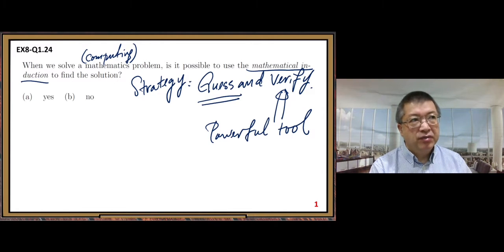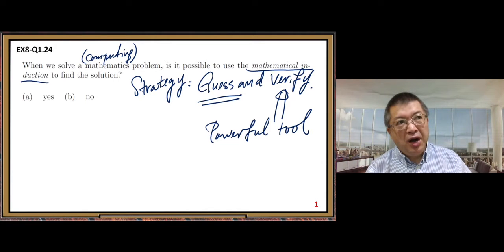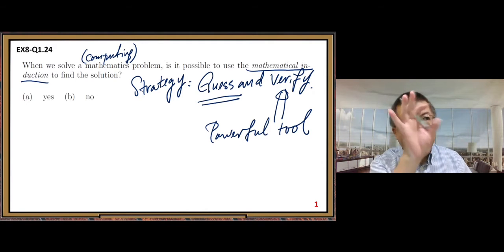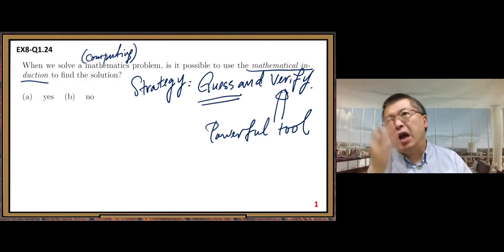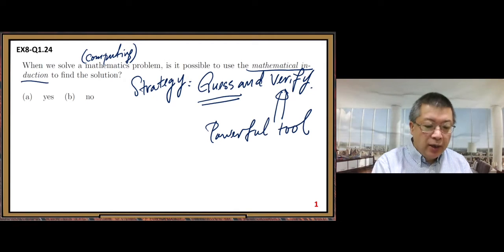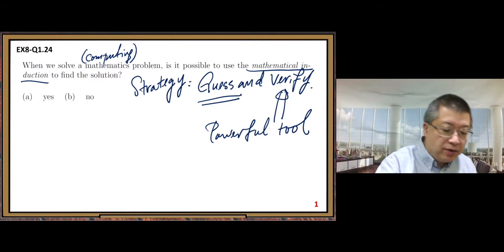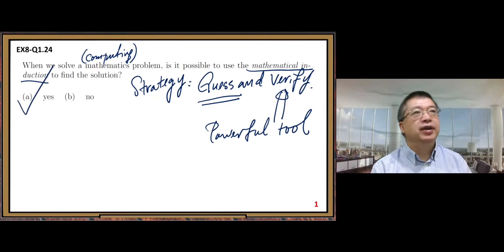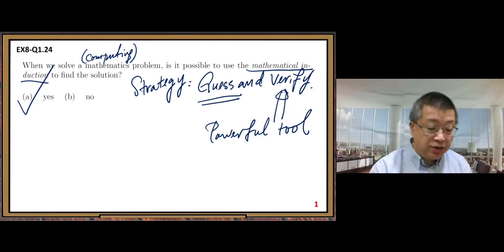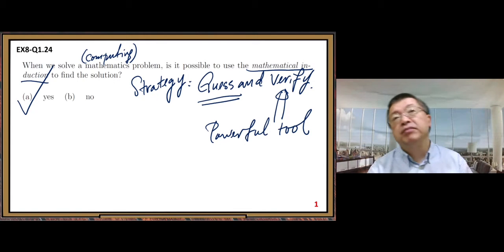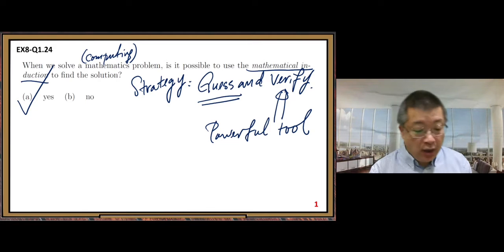So this question is designed to check if you know that whole strategy. Is it possible? Yes. In the examples in this class, we use the strategy many times, so you can get examples. All right. Now, that's the first question.